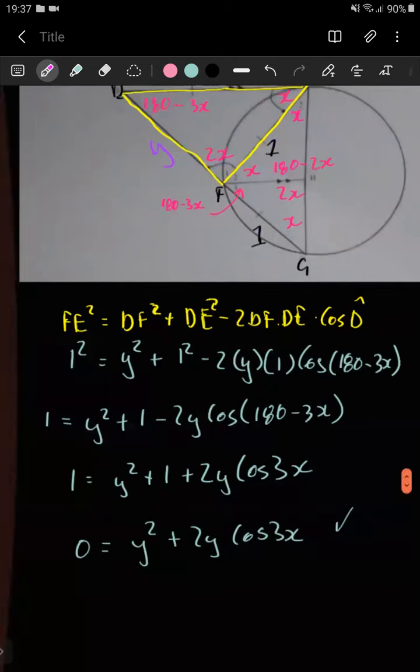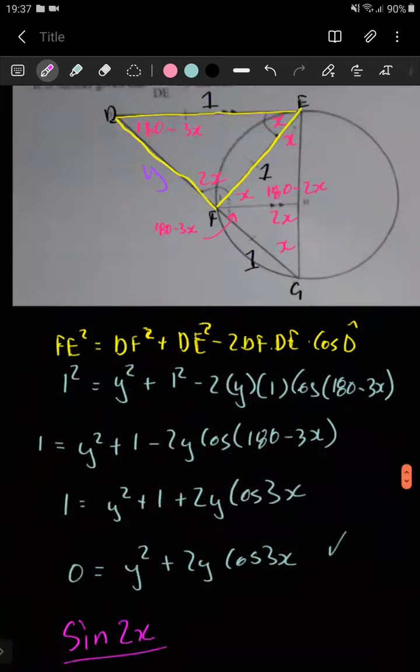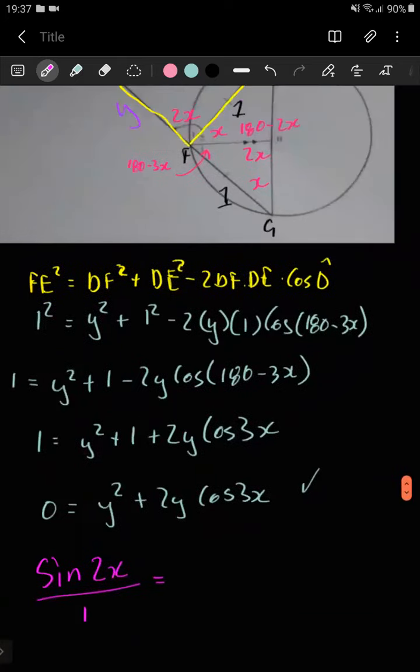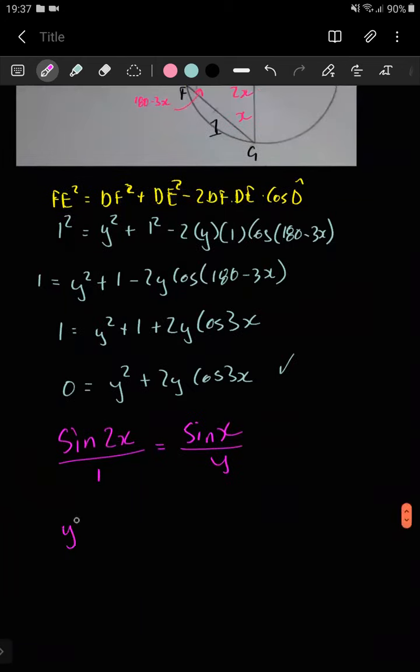So using the sine rule, we can say sine of this angle, which is 2x, over the opposite side, which is 1, is equal to sine x over the opposite side, which is y. If you cross multiply, you're going to have y sine 2x is equal to sine x.